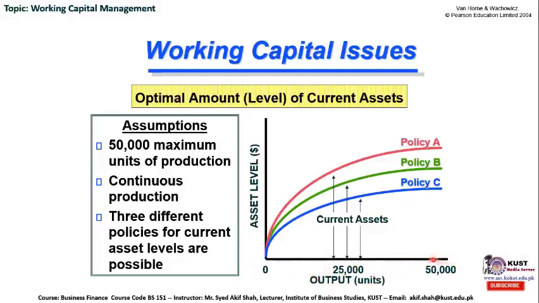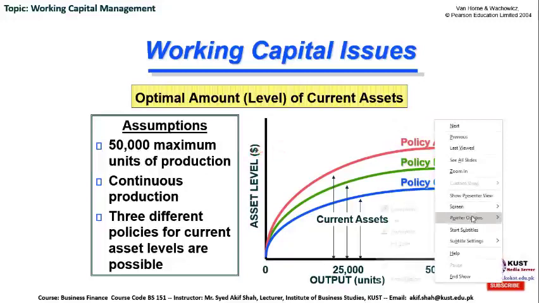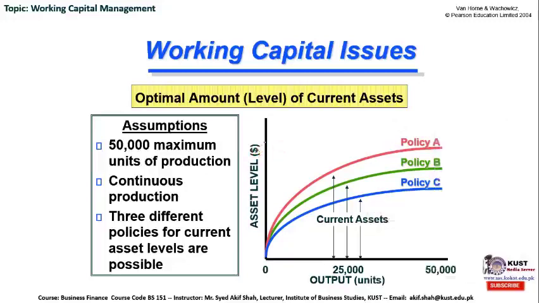And we assume that the company is producing 50,000 units with 3 different policies, policy A, policy B, and policy C, regarding the working capital level or level of current assets in the company. The policy A shows that the level of current assets to be maintained in the company is at this particular position. Let me select a pen to explain it clearly.